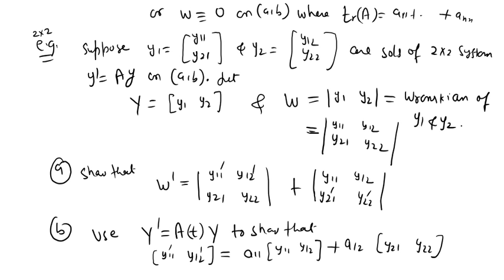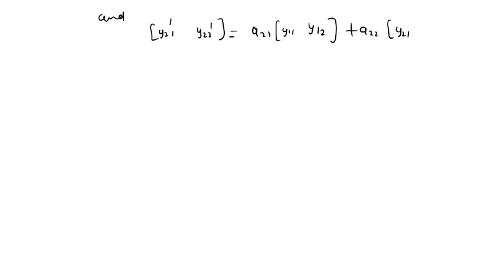For the second row you need to show (y21', y22') equals A21 (y11, y12) plus A22 (y21, y22).